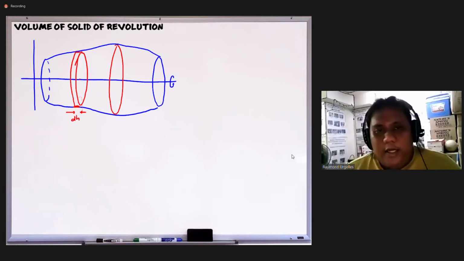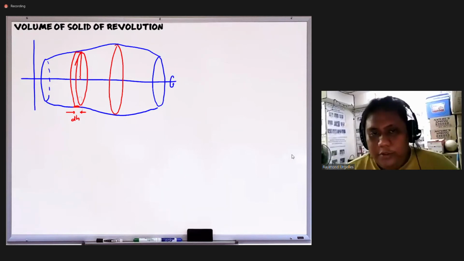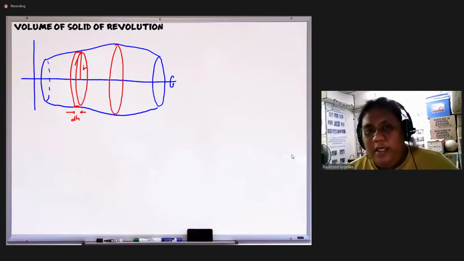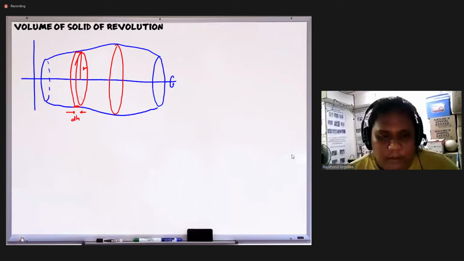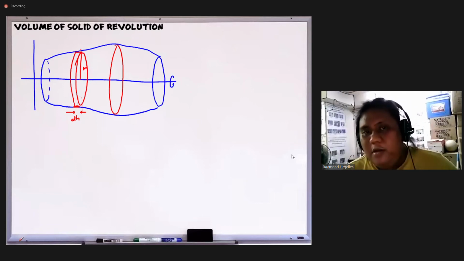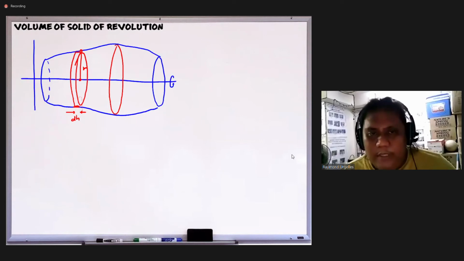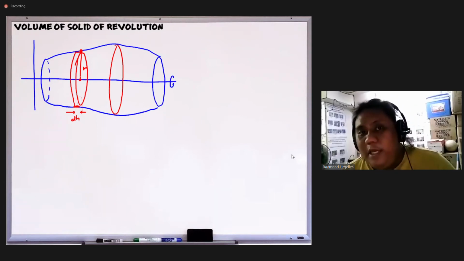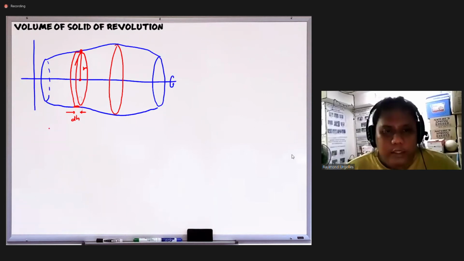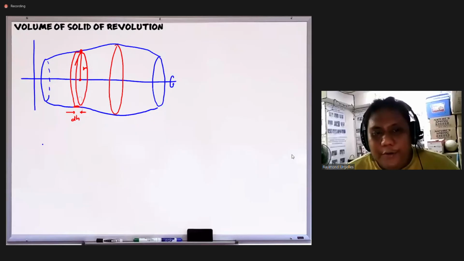So then again, kailangan natin makuha dito is yung radius of the disk. And makikita natin na yung radius ng disk naman dito is simply the distance between the curve and the axis of revolution. Okay, nakuha ba? So kaya madali na natin masasolve yan pag meron tayong figure. Okay? So then, ibig sabihin, the differential volume of the disk, again, this is simply pi r squared times the height.